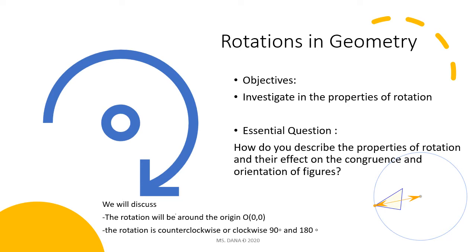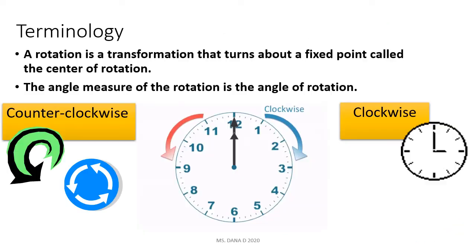In our rotation in this video, it's going to be a center of rotation around the origin, and we're going to study the rotation as counterclockwise 90 degrees, clockwise 90 degrees, counterclockwise 180 degrees, and clockwise 180 degrees. So we have four types of rotations we're going to cover in this video. Usually you have more, but we're going to specify on these as a start.